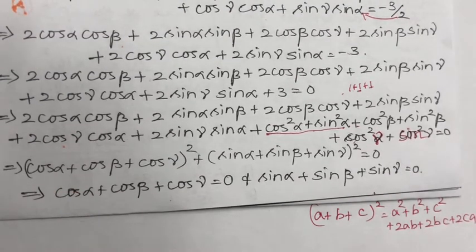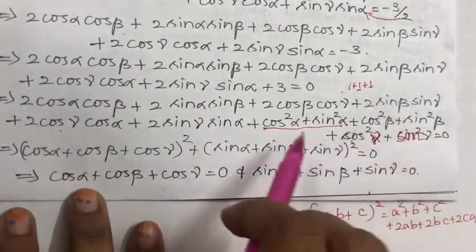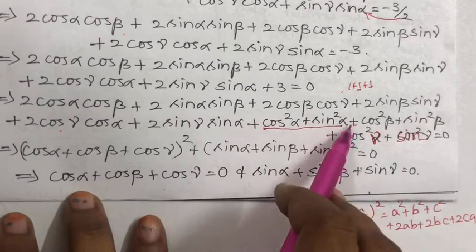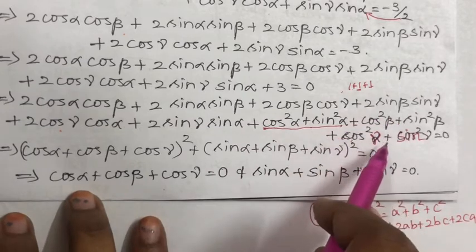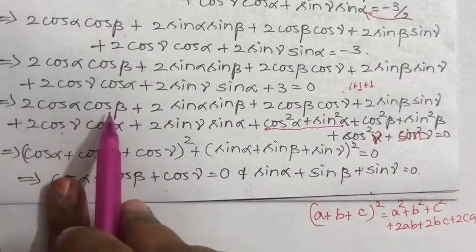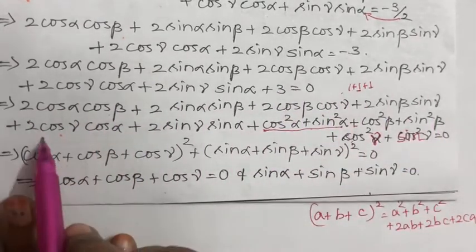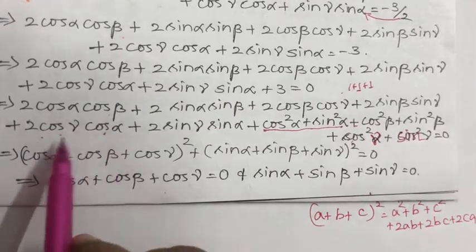So here cos square alpha, cos square beta, and cos square gamma are there. 2 cos alpha cos beta, 2 cos beta cos gamma, and 2 cos alpha cos gamma are also there.